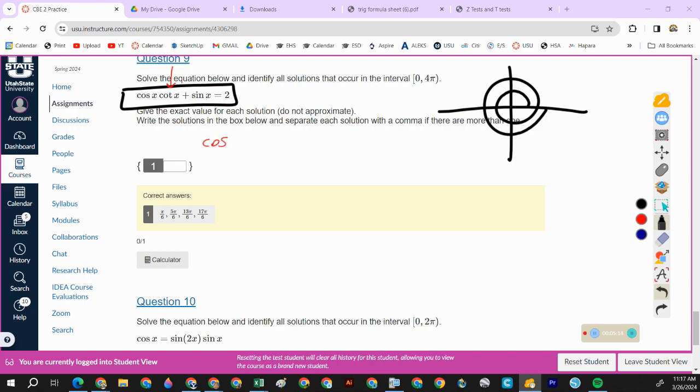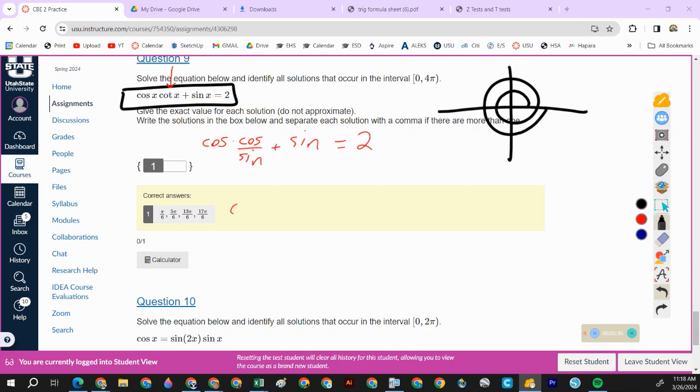So the cosine, and all of these angles are the same. They're all x's, so I'm not going to bother writing them. If it was x's and 2x's, then I would need to write them, but in this case I'm not going to. So cosine times cosine over sine plus sine is equal to 2. Okay?